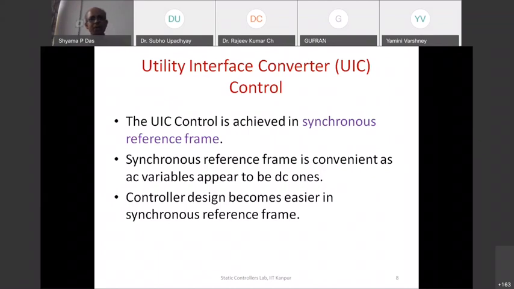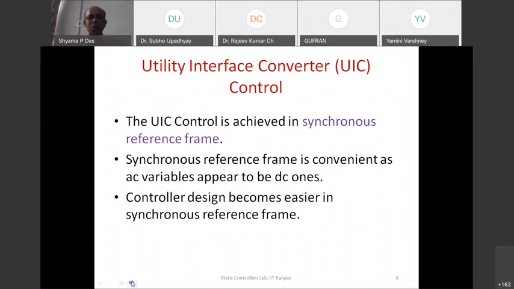Next slide. Okay. The utility interface converter, or UIC, is controlled in the synchronous reference frame. We know that whenever we have a utility, we have a three-phase power supply, and we need to convert these variables into a synchronous reference frame. The advantage of the synchronous reference frame is that when we convert the AC variables to it, the variables appear to be DC ones.